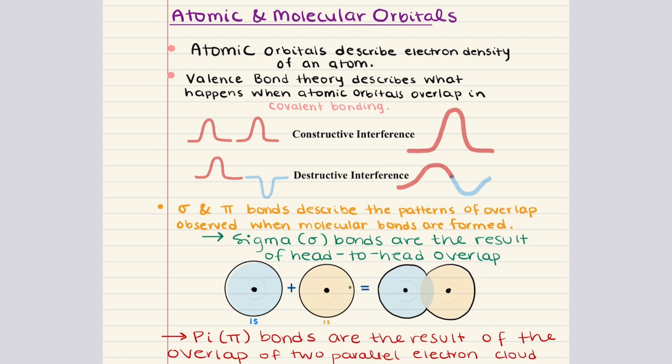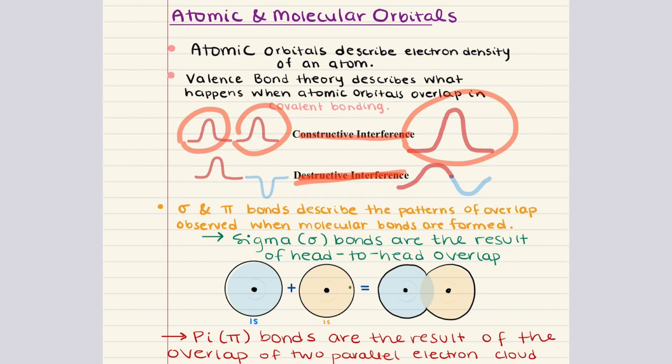Now, according to valence bond theory, covalent bonding occurs when atomic orbitals overlap. When electrons are considered as waves, what does this mean for us? That means that their interactions can result in either constructive or destructive interference. Constructive interference is when electrons are in phase and they interact, and that interaction produces a wave with a larger amplitude leading to a bonding orbital.